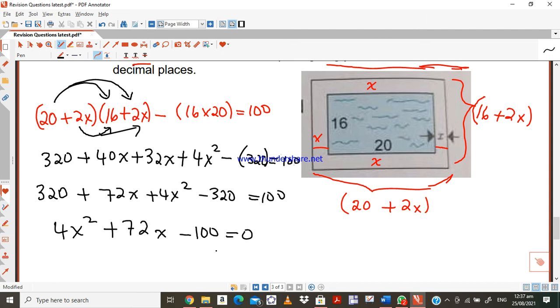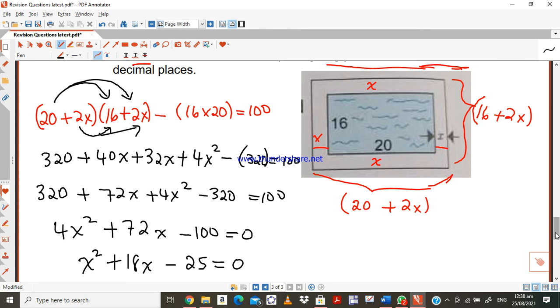Once you are at this equation, you can actually divide by 4. When you divide by 4, you get x squared, because 4 goes into 4, and 4 goes into 72, 18 times, minus 25. This has to give you 0. So let's just clean that up again and make it look a bit nice. So this is going to be equal to 0.